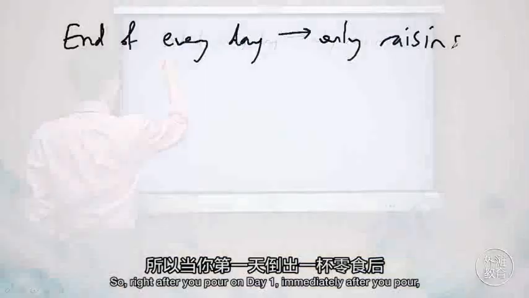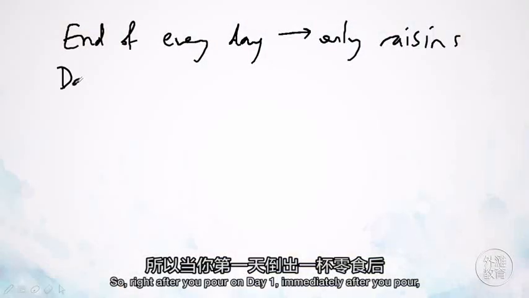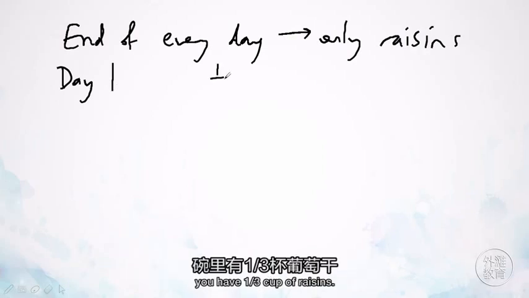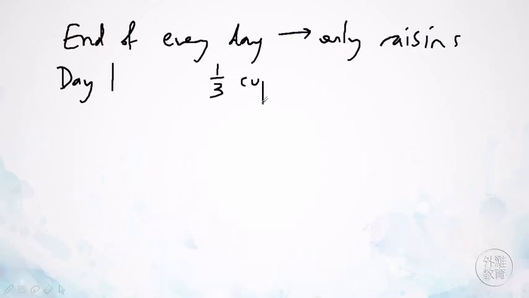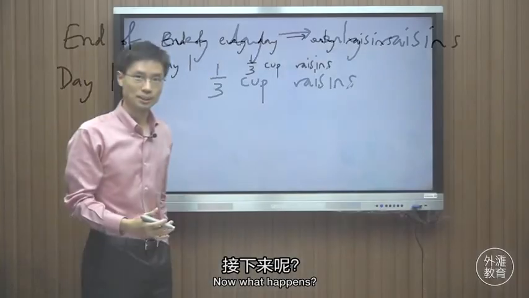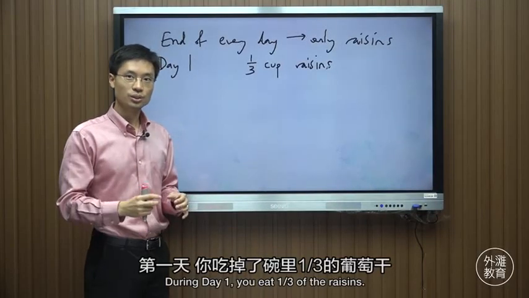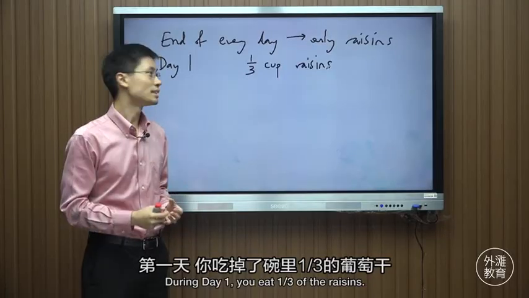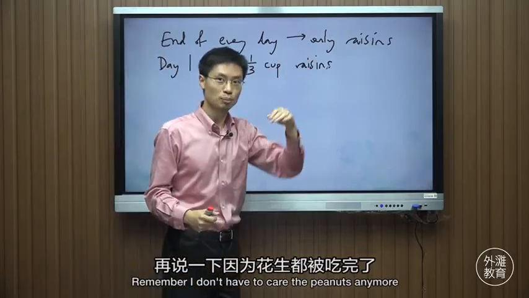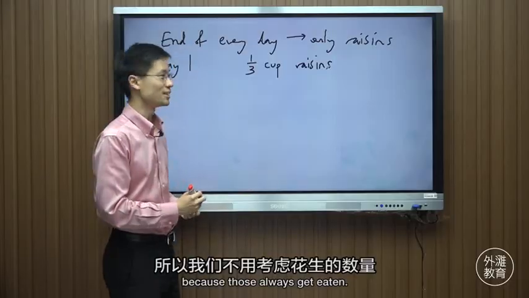So, on day 1, immediately after you pour, you have 1/3 cup of raisins. Now what happens? During day 1, you eat 1/3 of the raisins. Remember, I don't have to care about the peanuts anymore because those always get eaten.